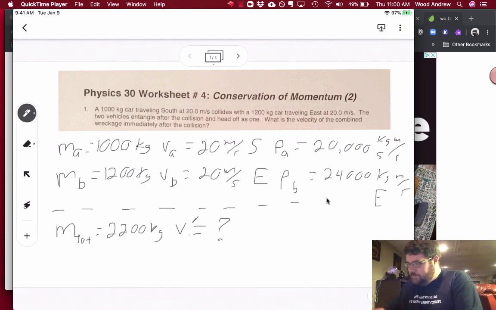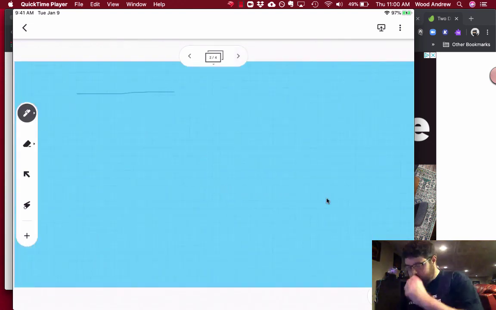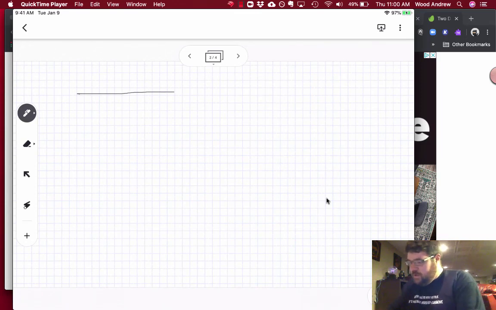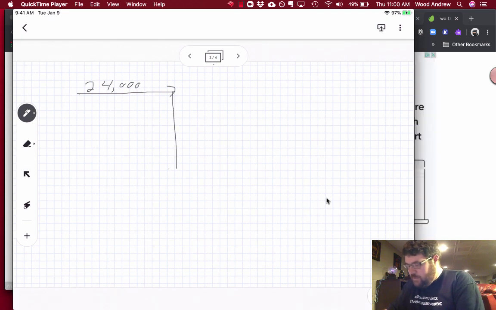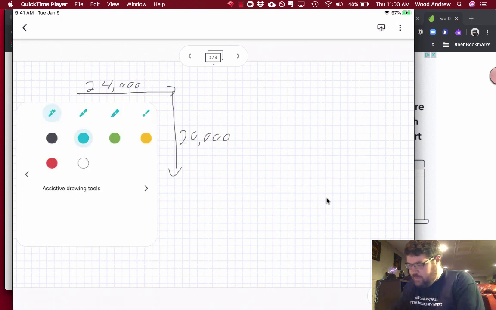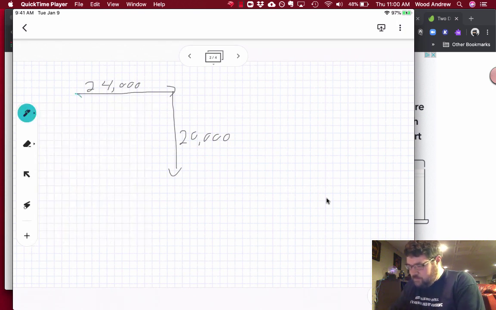So back to our diagram. We have a momentum going to the east of 24,000. We have one going to the south at 20,000. And our resultant then, the combination of the two, right there.